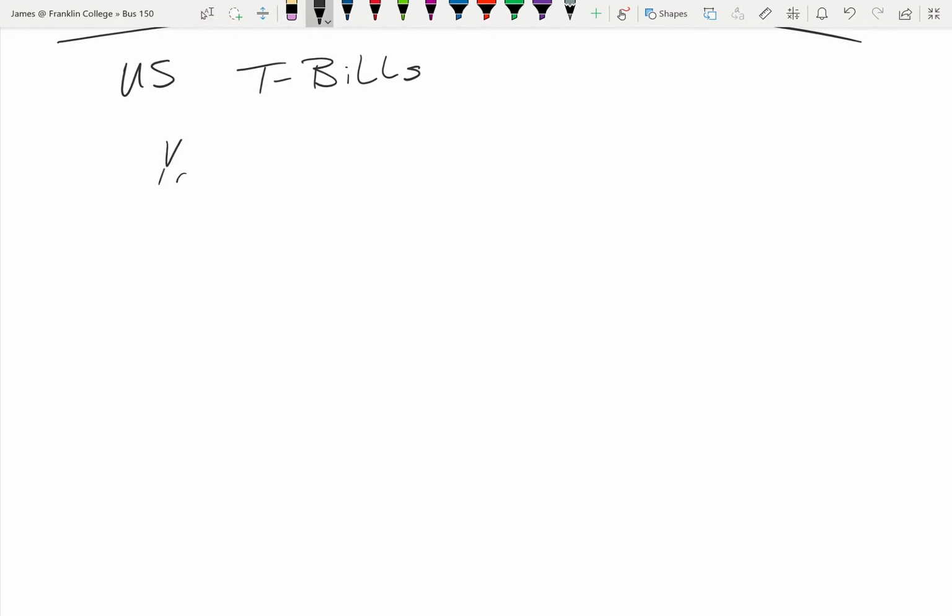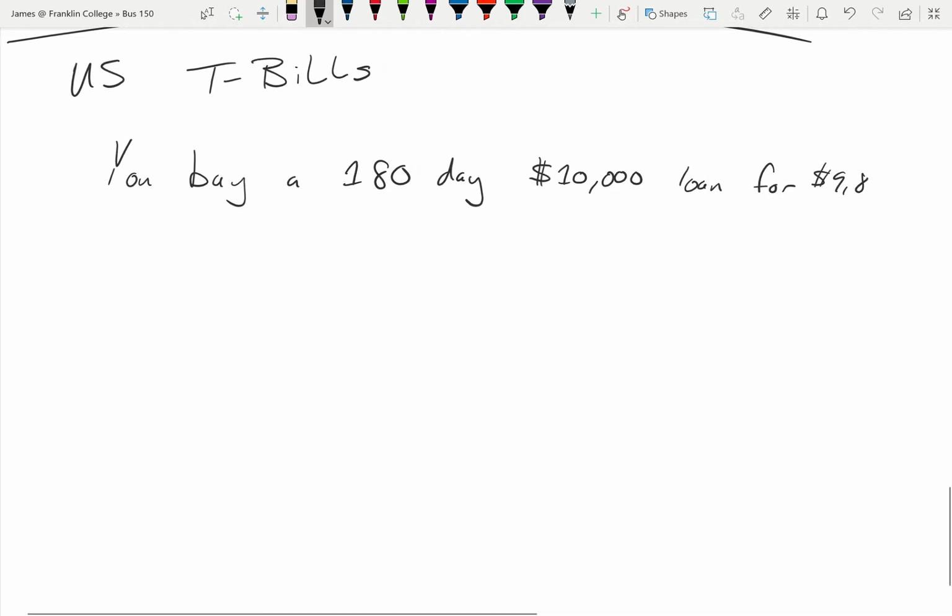So let's say you buy a 180-day $10,000 T-bill loan, and you bought it for $9,893.78. All right, and we want to know what interest rate we earned.